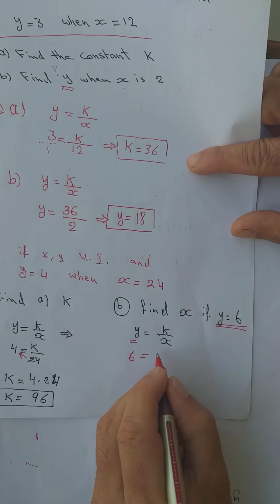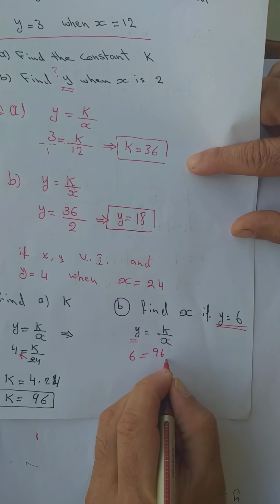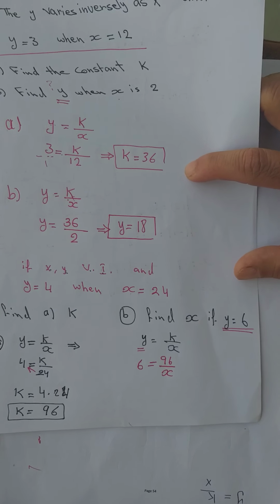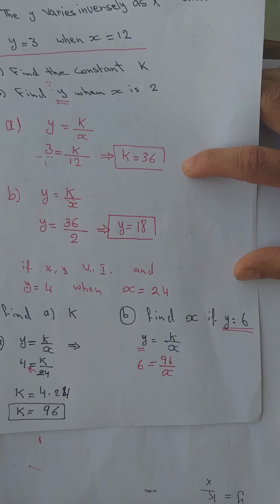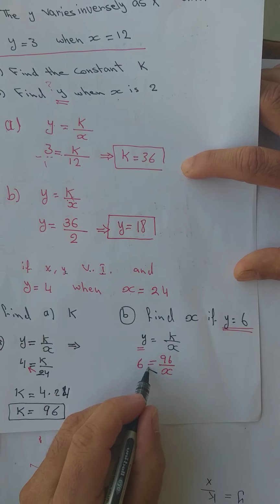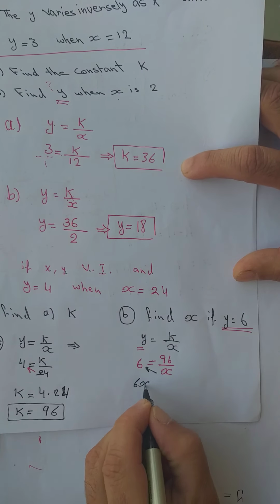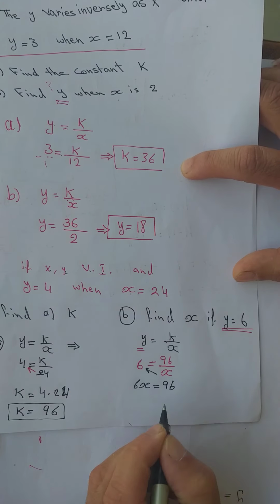Replace 96 over x, and now we have to find x. Cross multiplication. 6x is equal to 96.